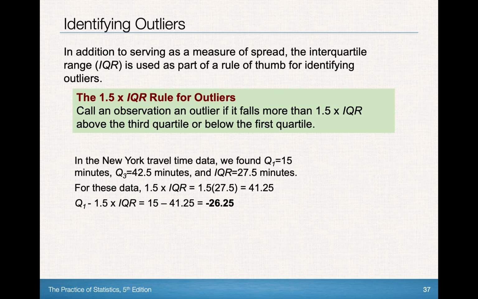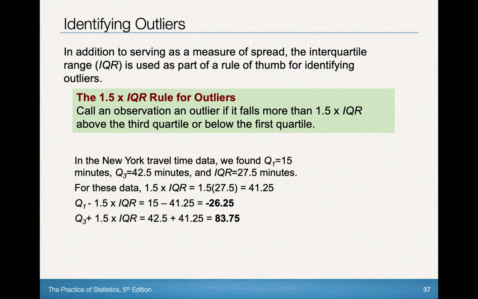Okay, so when you take 41.25 and subtract it from Q1, you get negative 26.25. We do not have any values less than negative 26.25. So there are no outliers to the left. However, when you take 41.25 and add it to Q3, you get 83.75.